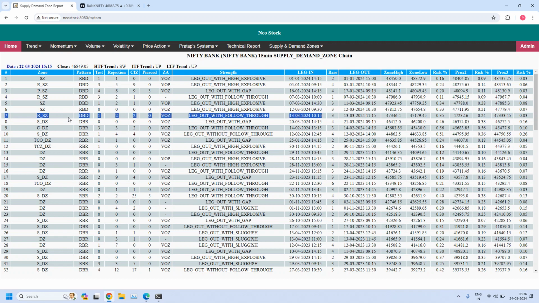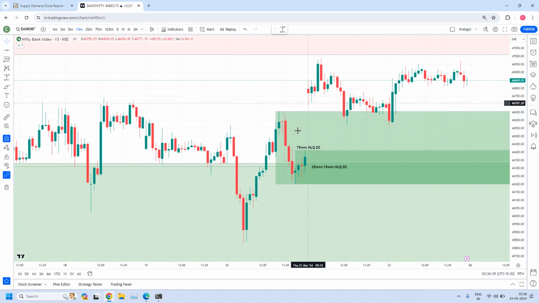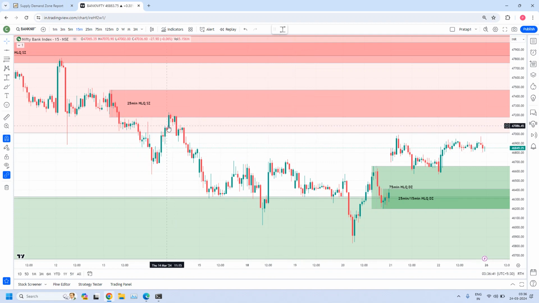This is the one we got the opposite. This is the 13/3, 10/15 candle.